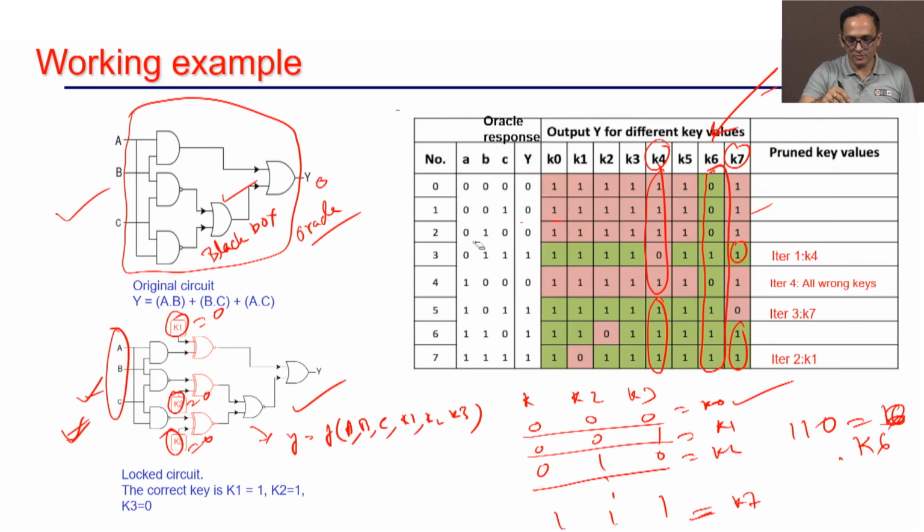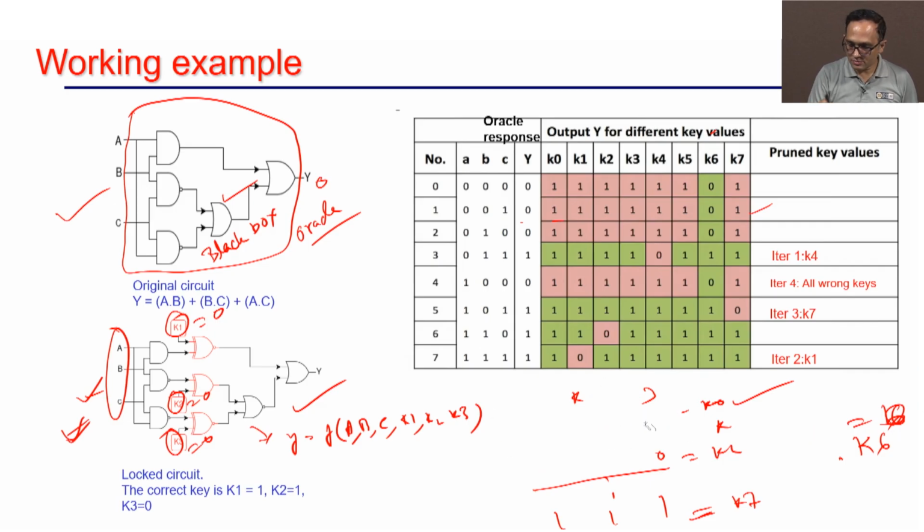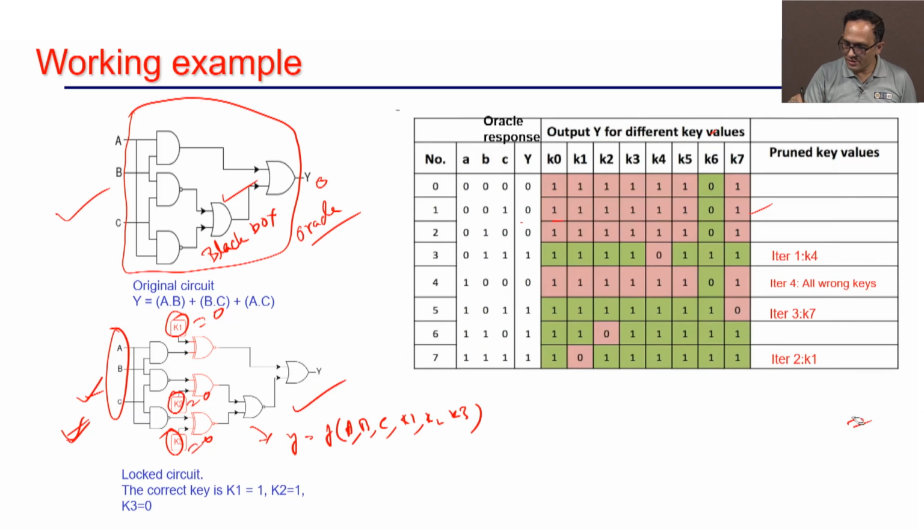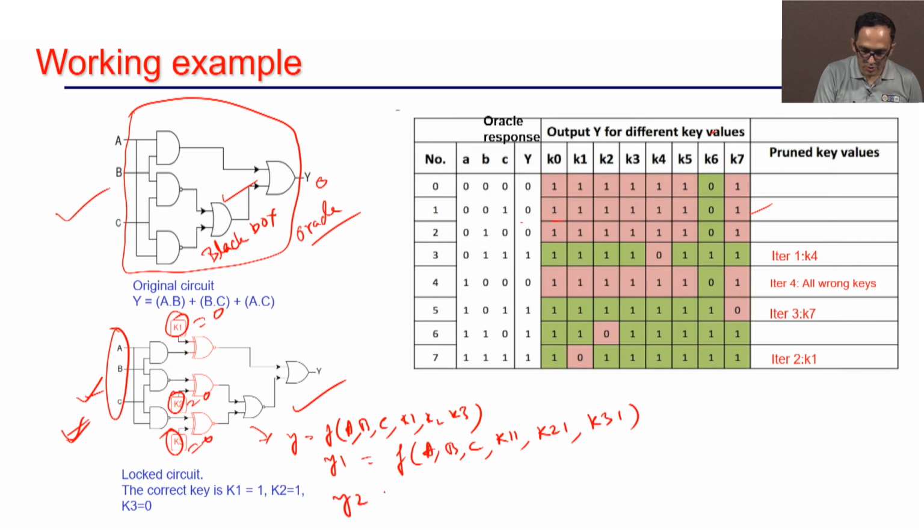Now let us see. I formulate this miter circuit which I have explained earlier. I will create 2 copies, Y1 which is a function of A, B, C and K11, K21 and K31, and Y2 which is a function of A, B, C, K12, K22 and K32.